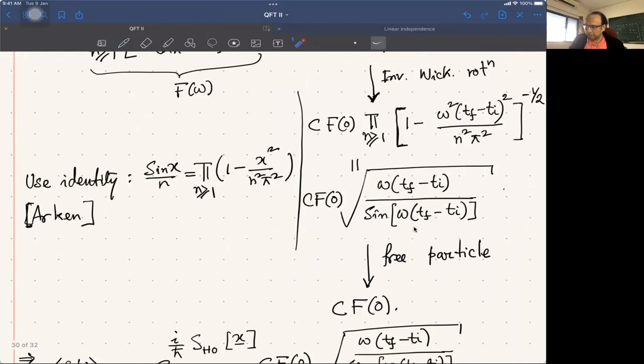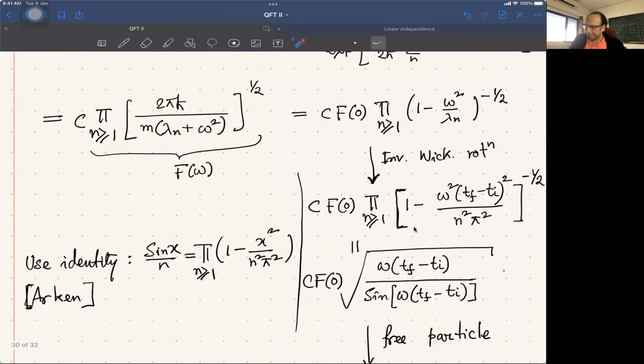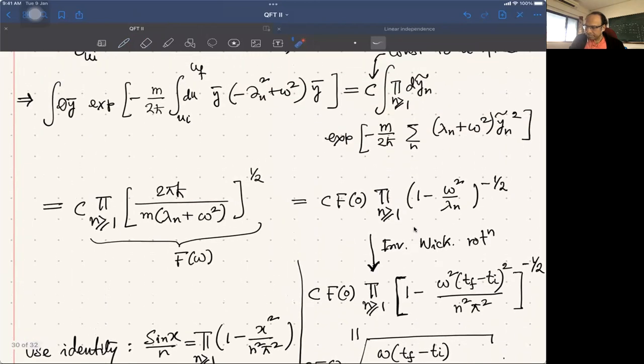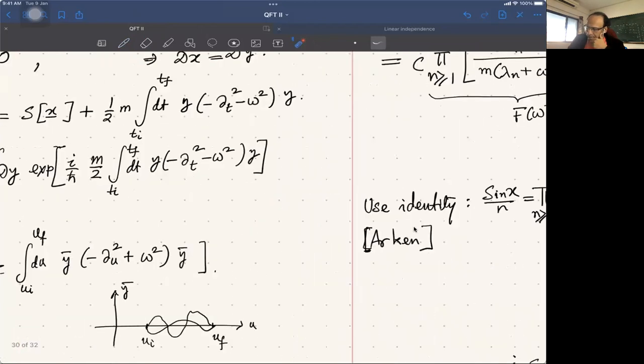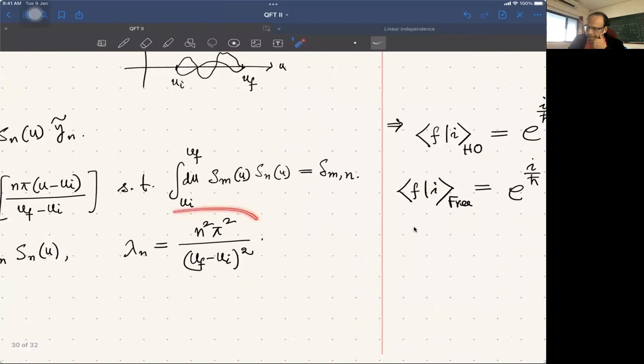You see, f0 is this product with omega equals 0, so it has a product of an infinite number of terms, and lambda n is this.